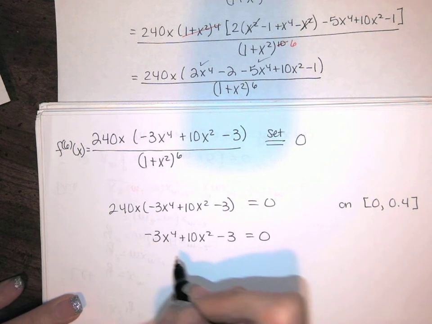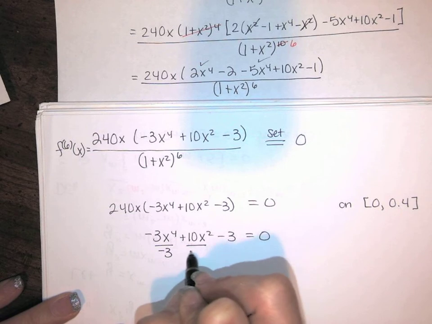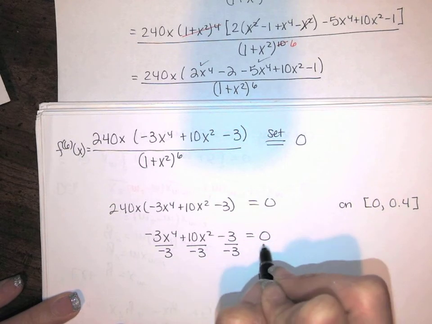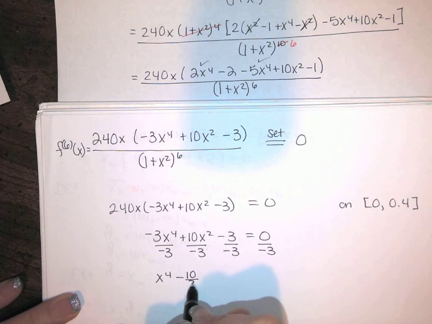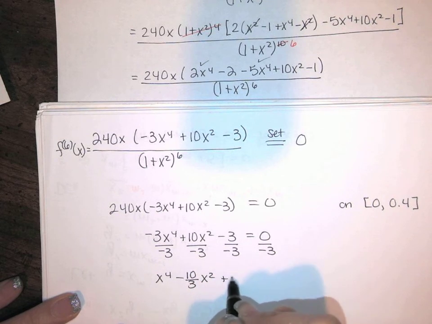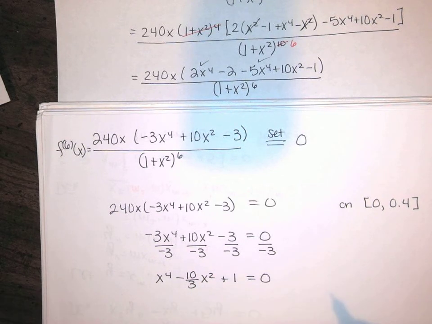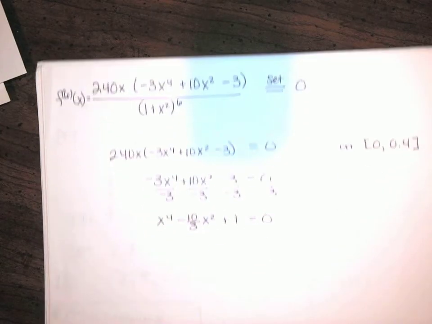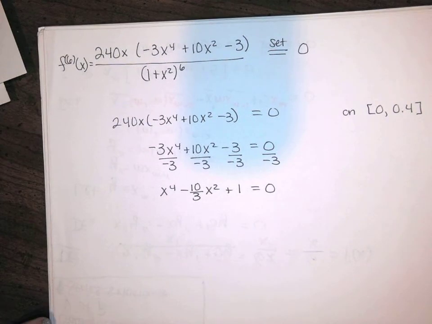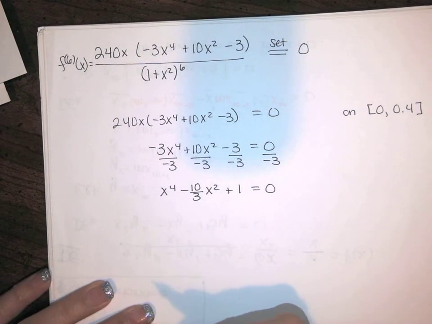Let's divide everything by -3. I know it looks bad, but it'll make it a little bit easier for us to solve this for x. Okay. I'm trying to find the x values that make this 0.